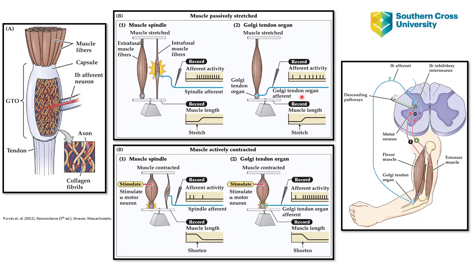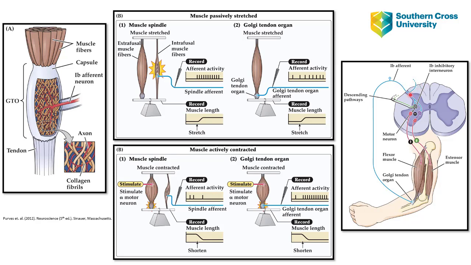And what is the effect of that activation of a Golgi-tendon organ at the spinal cord level? Well, if I draw your attention all the way over to the right-hand side here, if the Golgi tendon has tension within it, it fires off. It comes in, and again we have that information ascending via the dorsal column, medial lemniscus pathway.